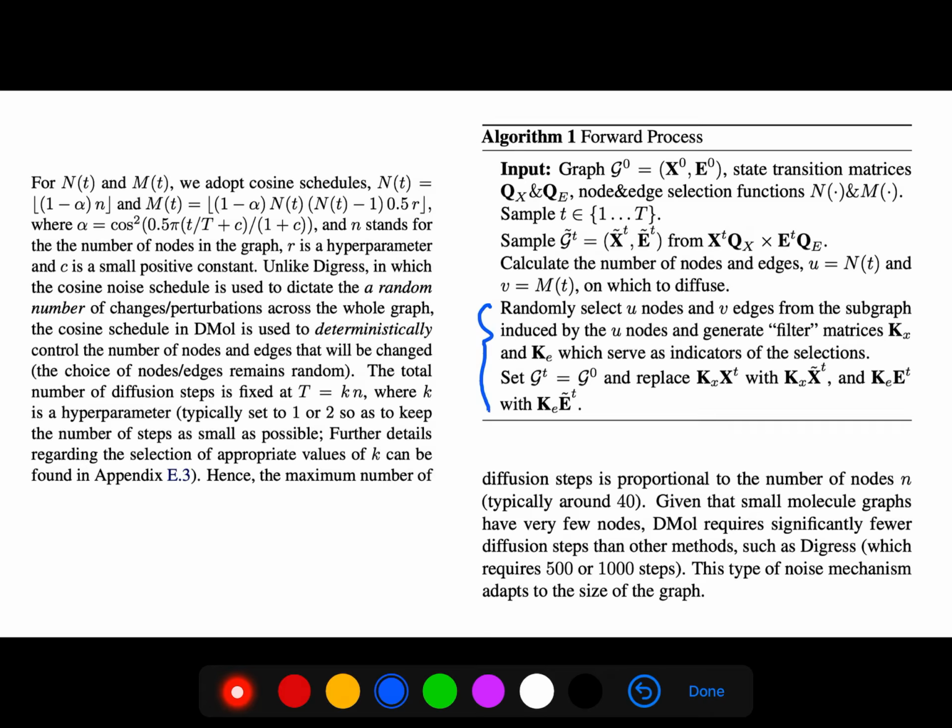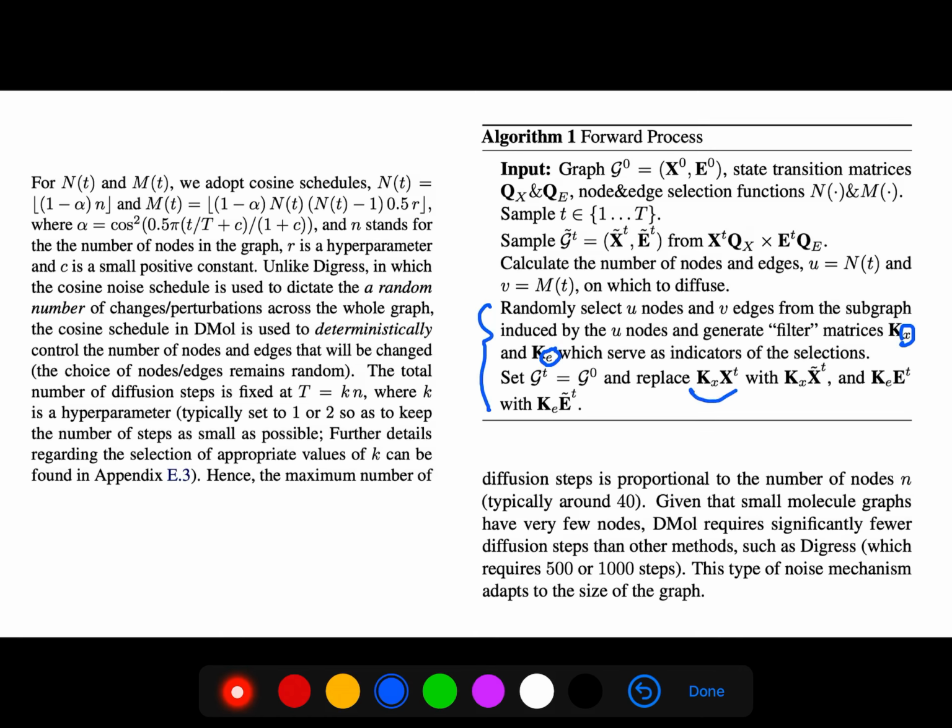We randomly select u nodes and v edges instead of all edges and all nodes, from the subgraph induced by the u nodes, and generate filter matrices K sub x and K sub e, for nodes x and for edges e. So it's just an indicator of the selection.